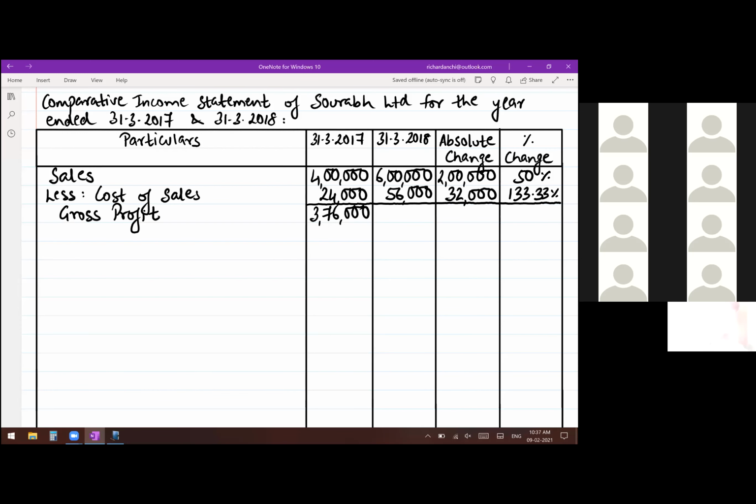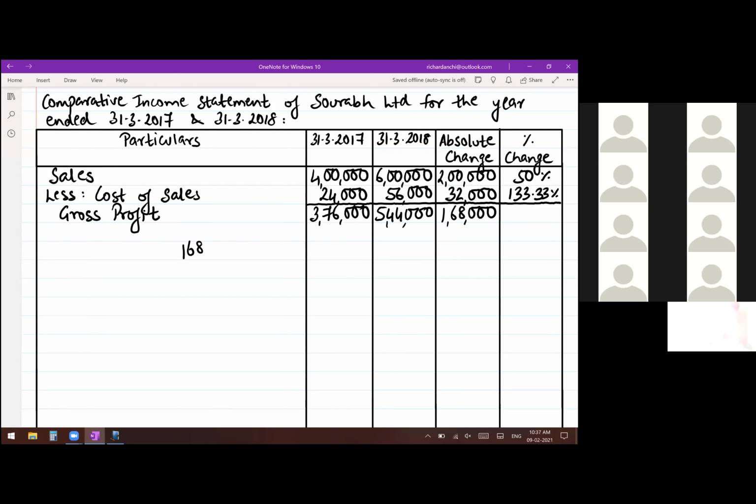6 lakhs minus 56. How much? 5,44,000. Absolute change also, 2 lakh minus 32 you can do. 1 lakh 68,000.